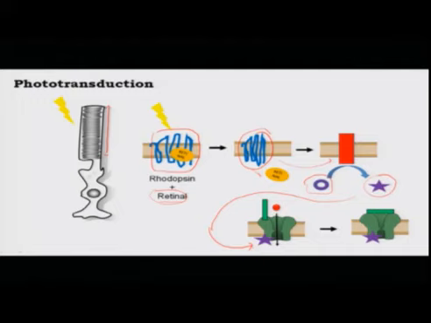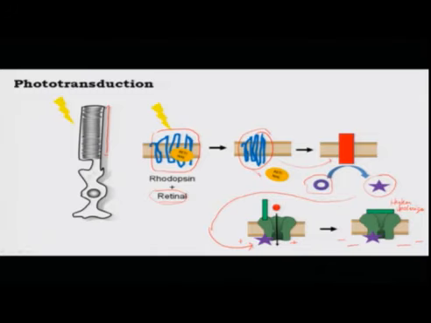It closes the ion channel, and then what happens? No more sodium ions are coming into the cell. So, the cell will actually become hyperpolarized. It will become more negative inside than what it was. So, this is the conversion of light into electrical activity.